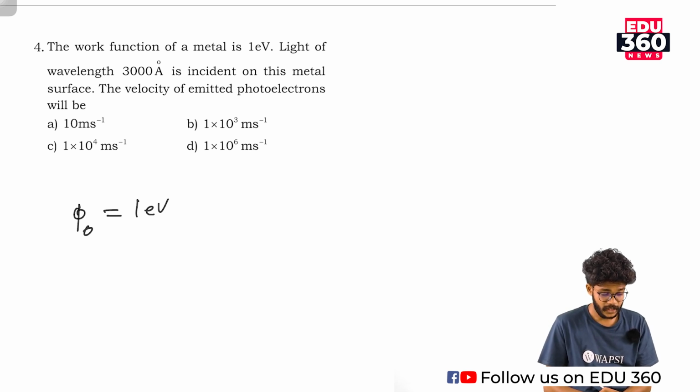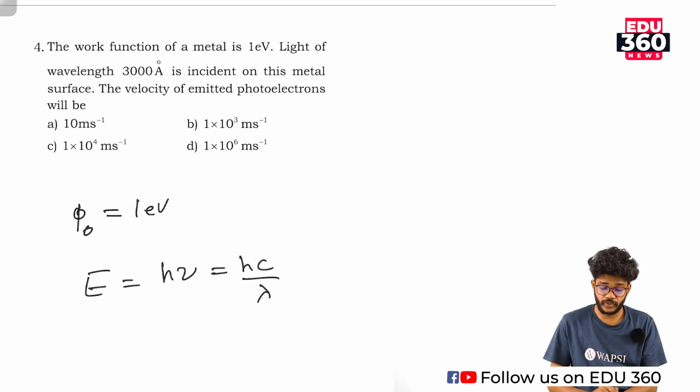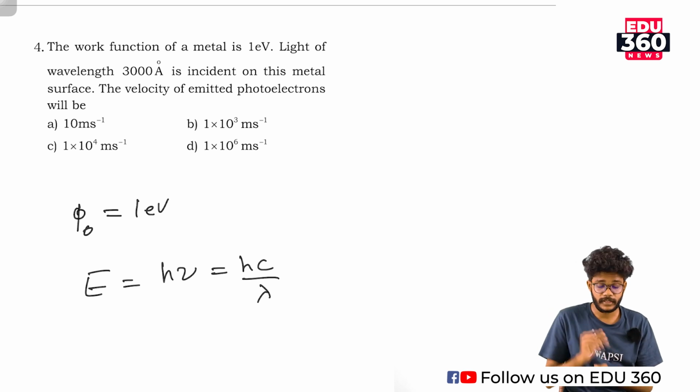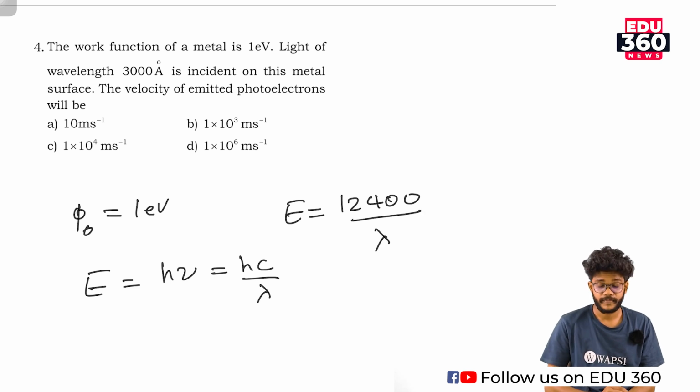Which equation connects energy and wavelength? We know that energy is equal to h nu, that is hc by lambda. So we don't want to do all this calculation. In the previous section I gave a compressed equation: energy E is equal to 12,400 divided by lambda, with wavelength in angstrom.